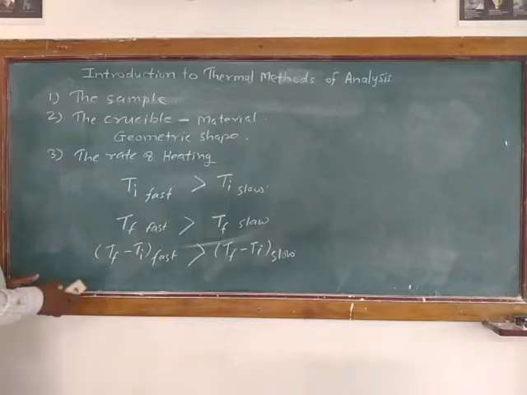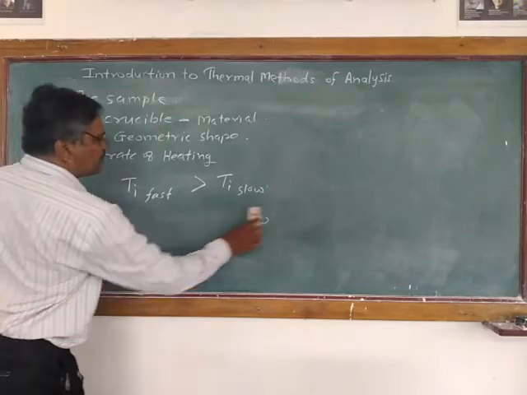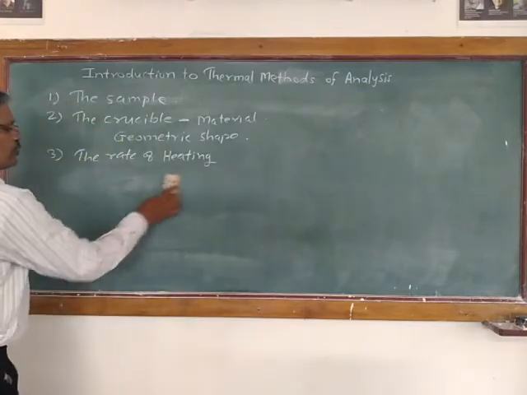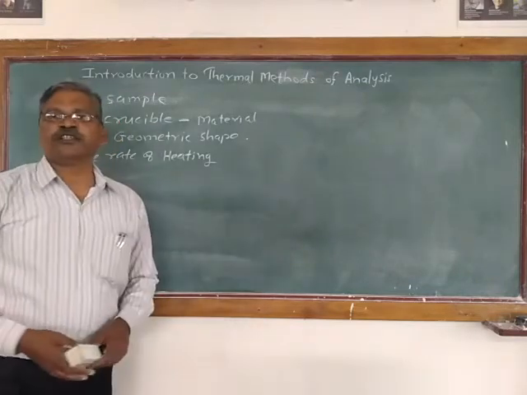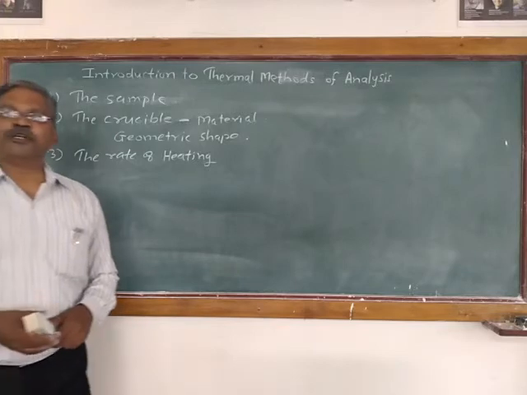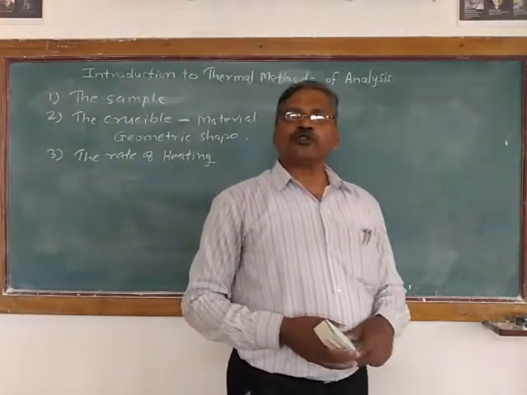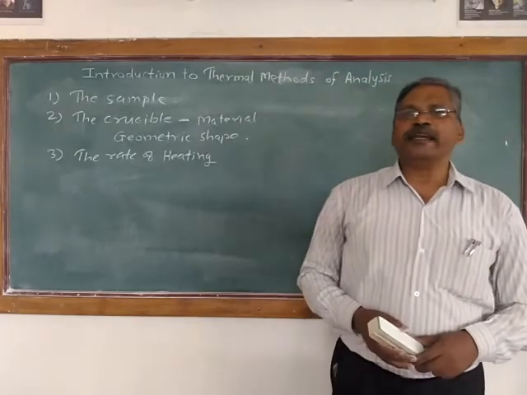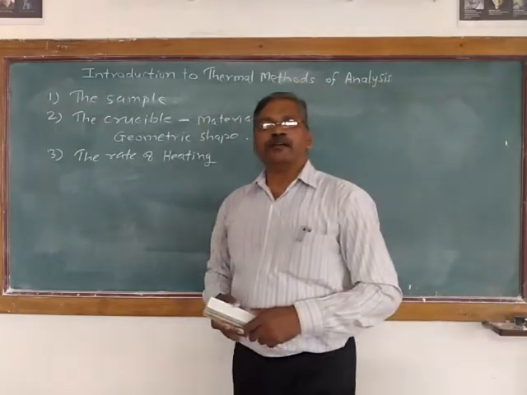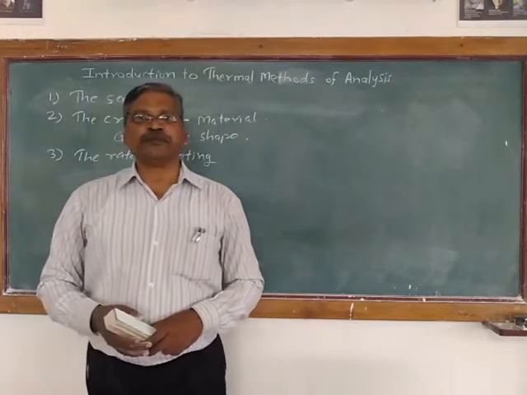When you keep the heating rate fast, the recorded temperature is higher, and when you keep the heating rate slow, the temperature of change has a lower value. The resolution of two changes which occur at temperatures close to each other is likely to be much better at slow heating rates than at fast heating rates.